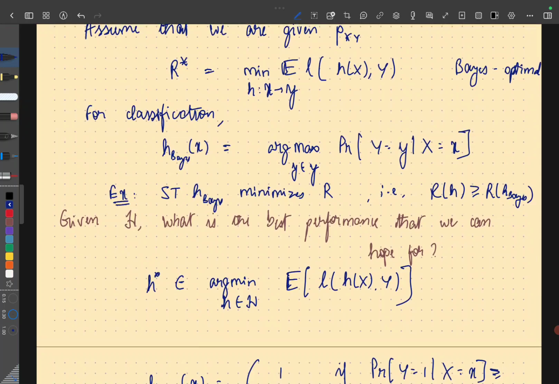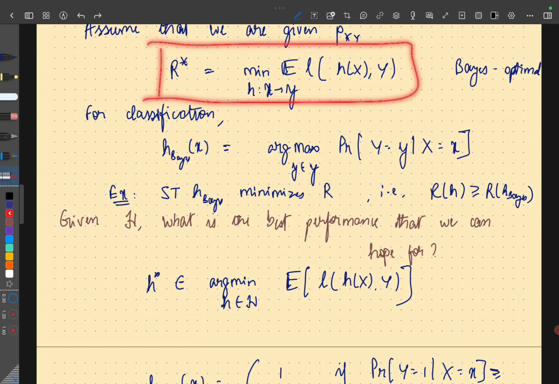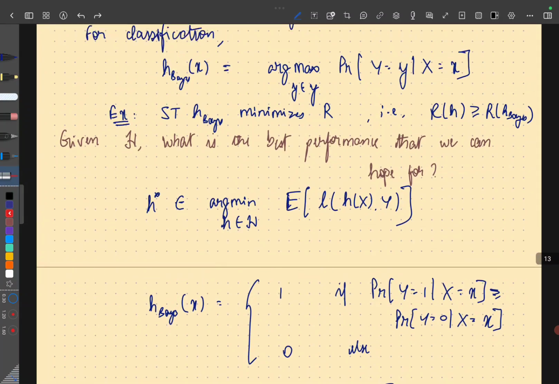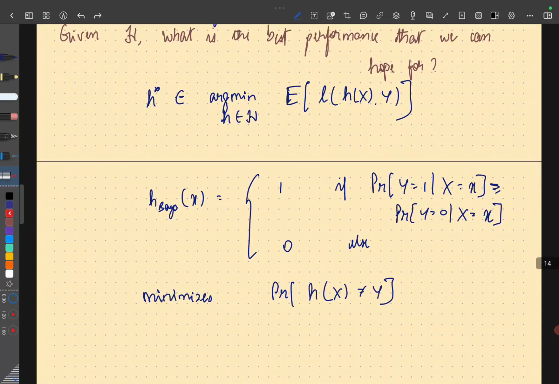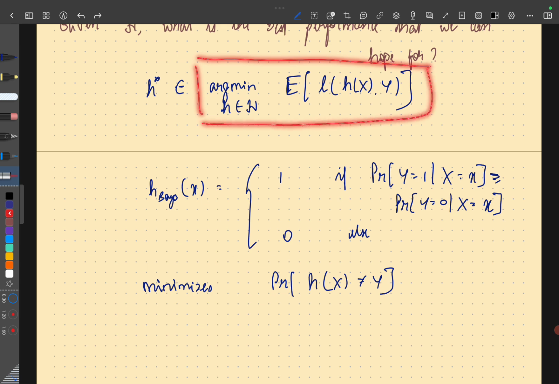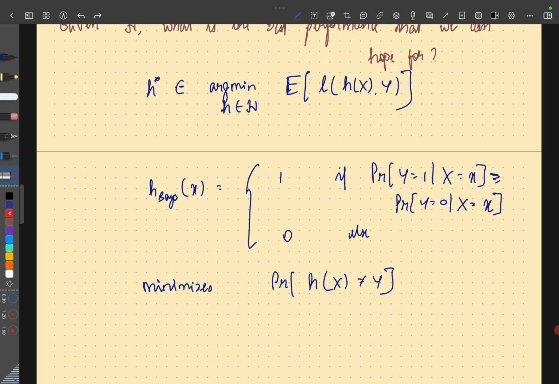But in general, the Bayes optimal solution is always one that minimizes the expected risk. But then again, mostly the lower bound that you would like to shoot for is this particular quantity: within the hypothesis class, what is the best that you can do?